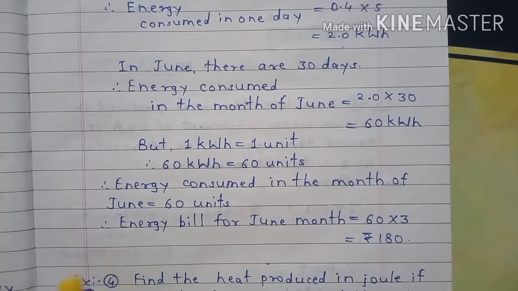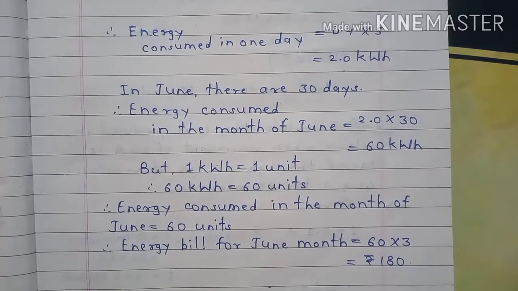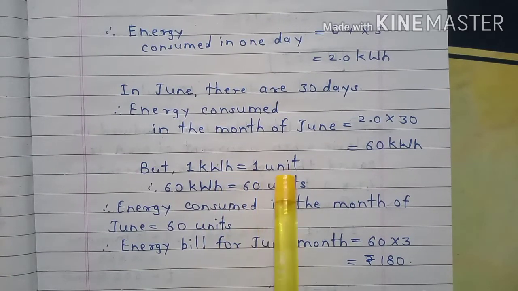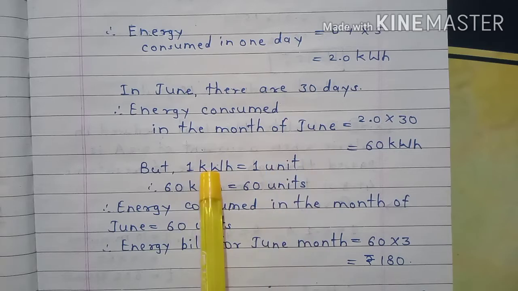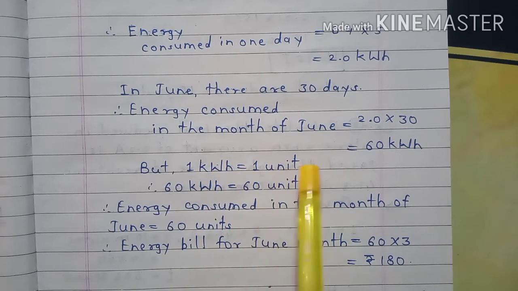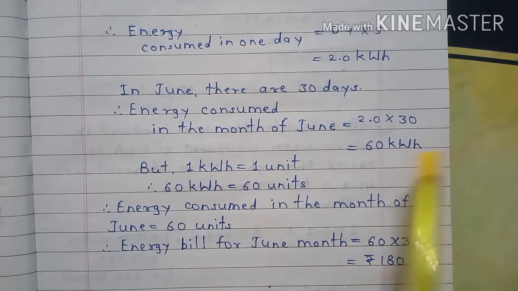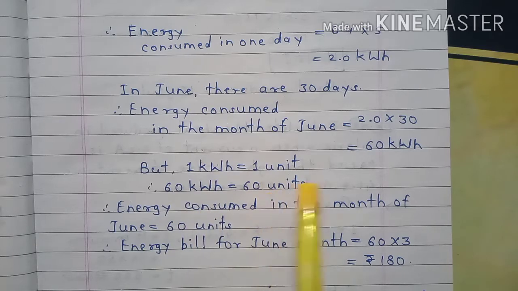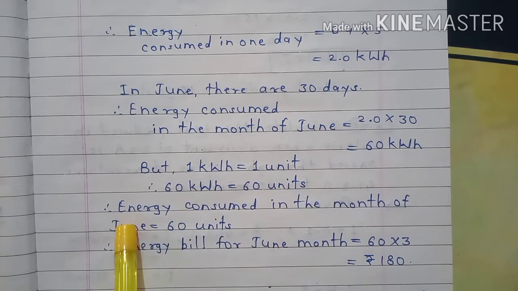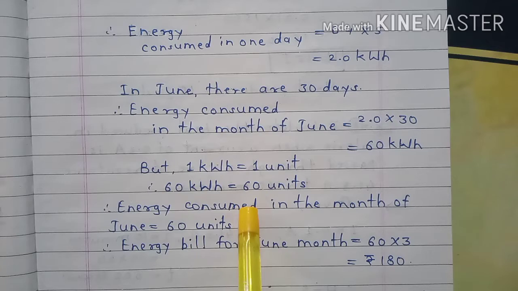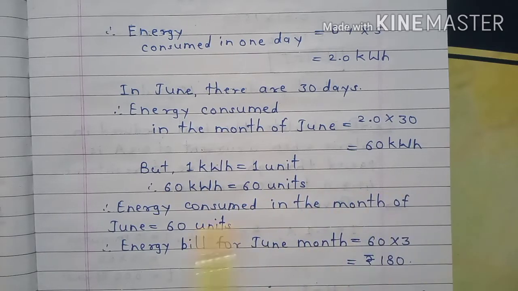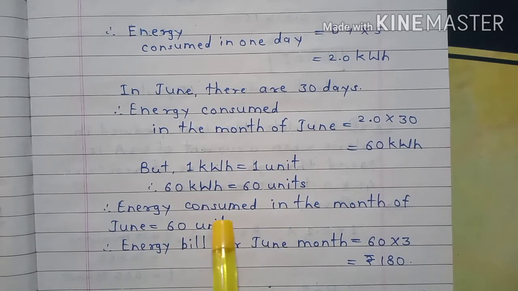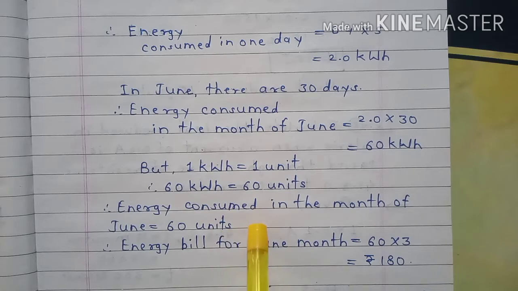So we will write here, 1 kilowatt hour is equal to 1 unit. Therefore 60 kilowatt hours is equal to 60 units, children. So energy consumed in the month of June is equal to 60 units.